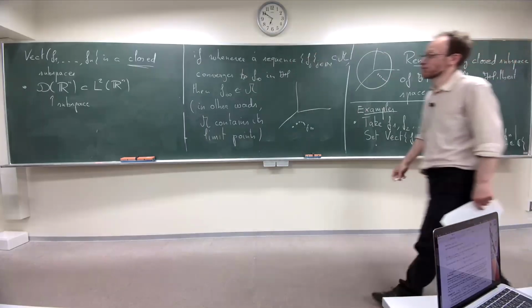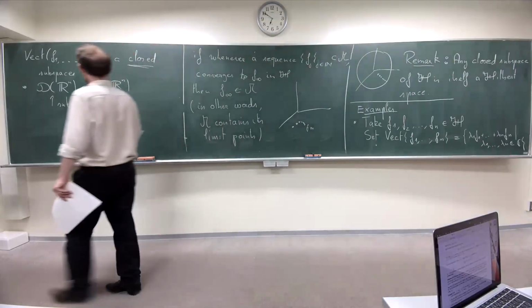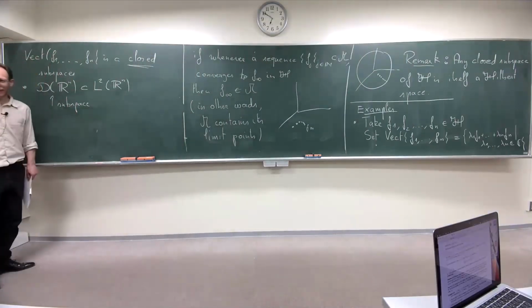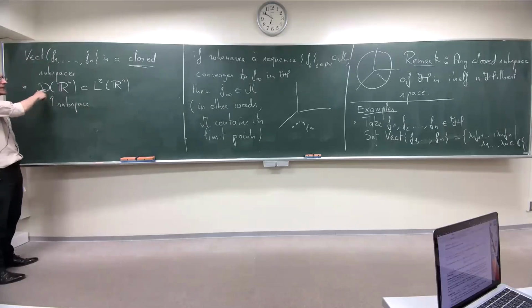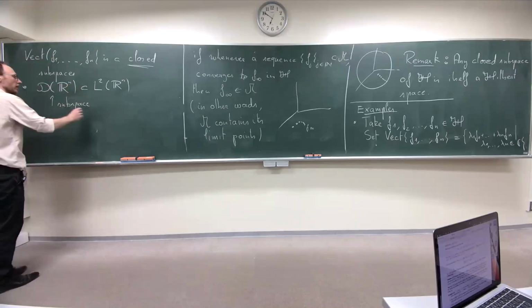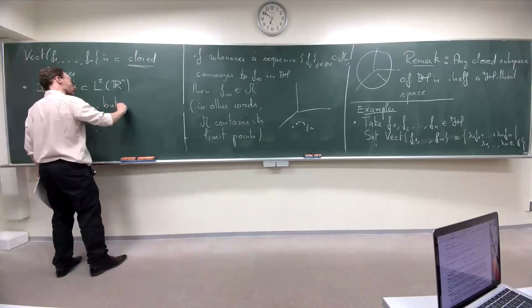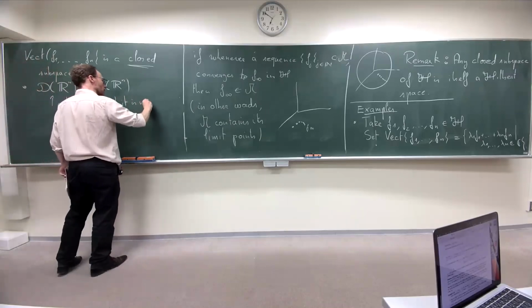I already mentioned this idea of dense. In Lp, I said you can approximate any element of Lp, so in particular of L2, with an element in this. So it's not closed.